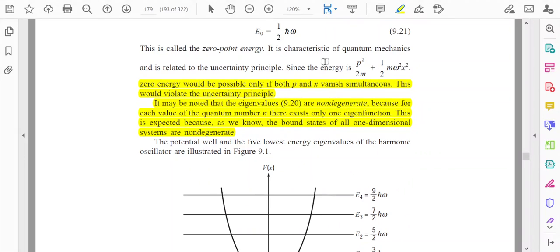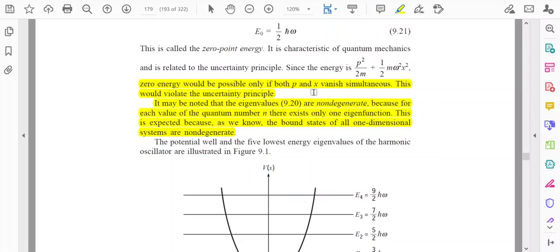And we know the total energy E can be expressed as p square by 2m plus half m omega square x square. Now if the total energy is 0, it is only possible if both momentum p and x vanish simultaneously, because E will be 0 only if both the first term and the second term are 0. The first term is 0 when momentum is 0, and the second term is 0 when x is equal to 0.